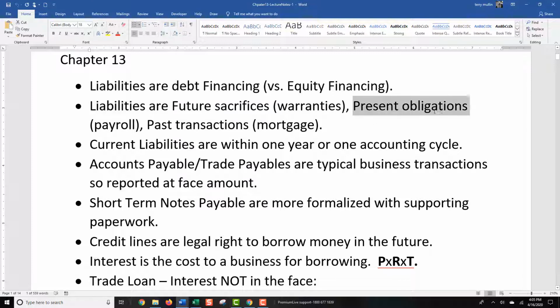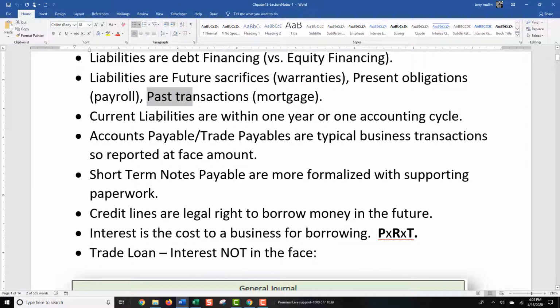Liabilities are also present obligations, such as payroll. So your workers work for you. You have that legal obligation to pay your employees for the work they perform. And then also the past obligations. So for example, a mortgage, that you have signed a contract that you're going to buy a building, and therefore you're going to make mortgage payments. So liabilities come under future, present, and past.